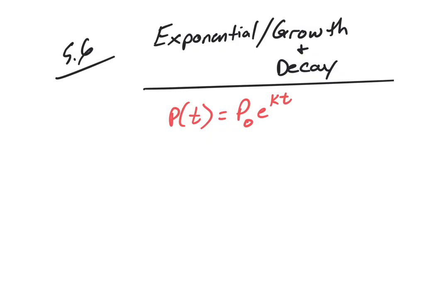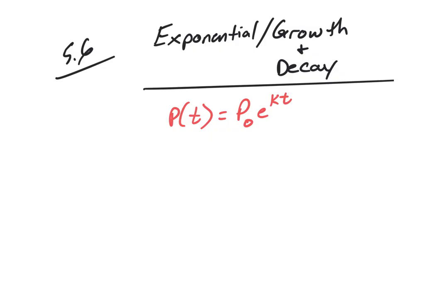And you could do it with money, but other examples where you might talk about the population of a city or a county or a country, where maybe the population is growing exponentially over time, or maybe it's decaying and losing population. Maybe it's a species of animal. If it's becoming endangered, then obviously the population is decaying over time.